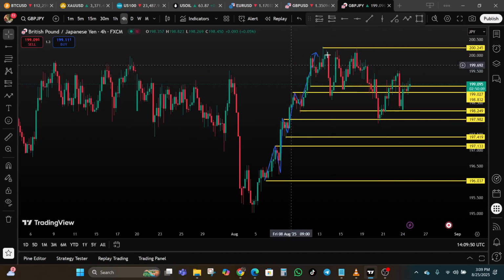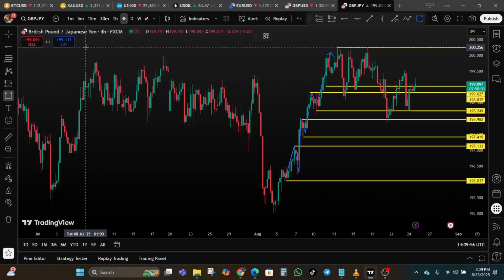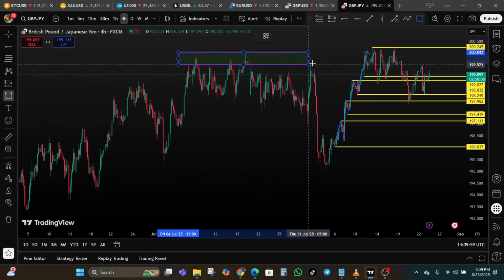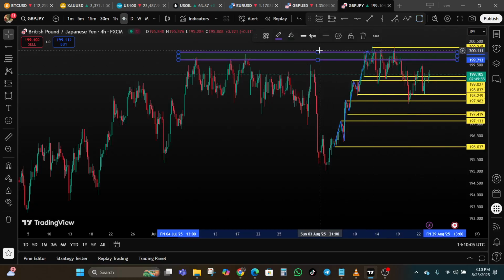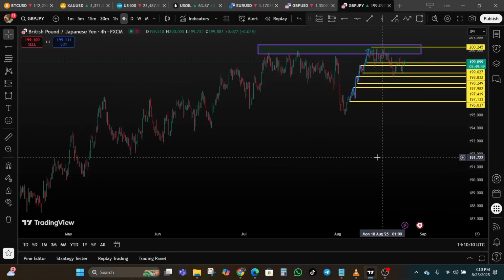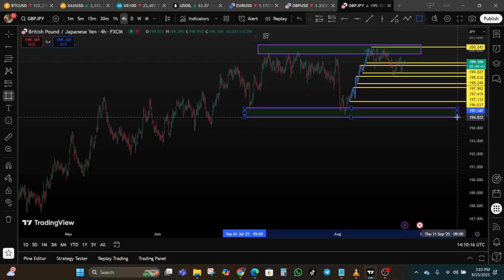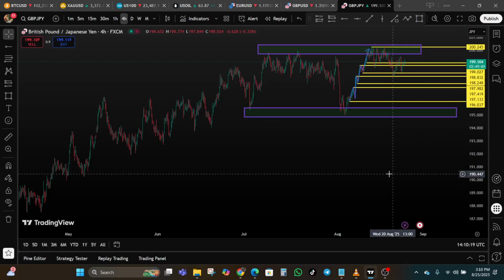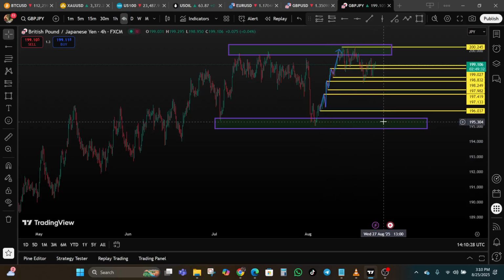By marking these support and resistance zones, you can see we have a resistance zone around here, and a support zone around here. So by marking these zones, you create a trading map. When price approaches these levels, you already know where to look for possible entries and exits.